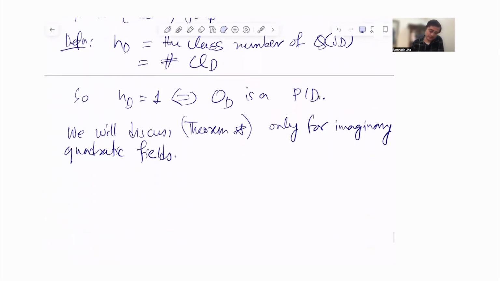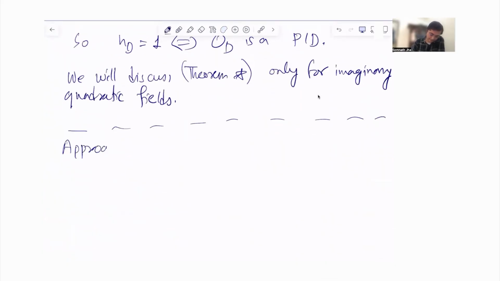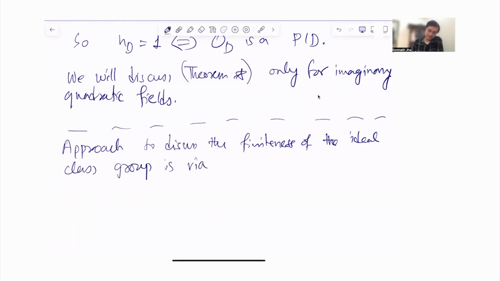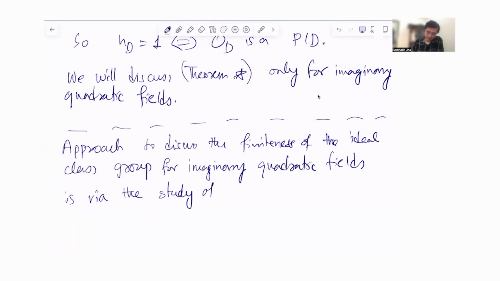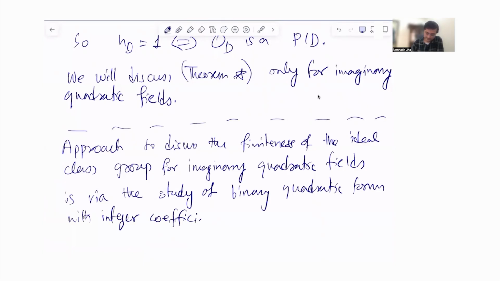So what will be the idea? The approach to discuss the finiteness of the ideal class group for imaginary quadratic fields is via the study of binary quadratic forms with integer coefficients.